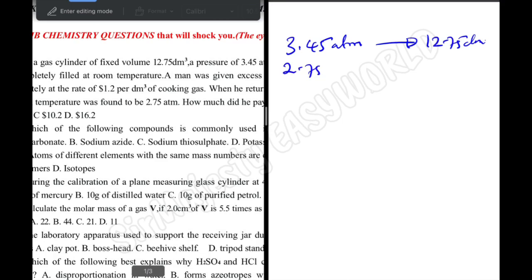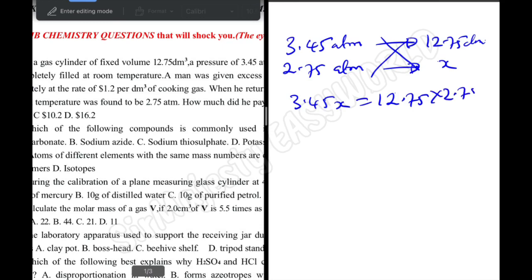Then 2.75 atm will be exerted by what volume? That should be 3.45x equals, you cross multiply, 12.75 times 2.75, such that x will now be 12.75 times 2.75 all divided by 3.45.